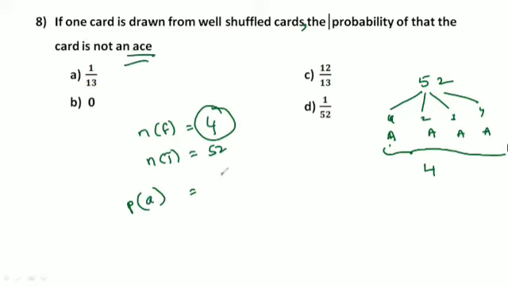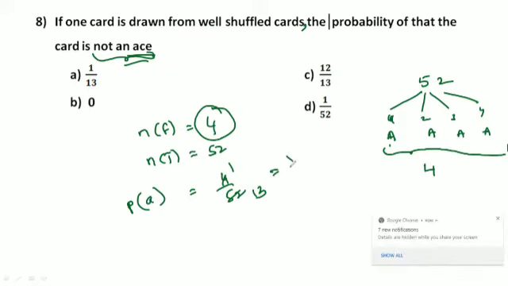Drawing an ace is equal to 4 by 52, but 4 ones and 4 13s, so 1 by 13. But he is asking us, it must not be an ace. Not an ace, children, just subtract this 1 by 13 from 1. Why? Because the sum of the probabilities of all the events is equal to 1, children.